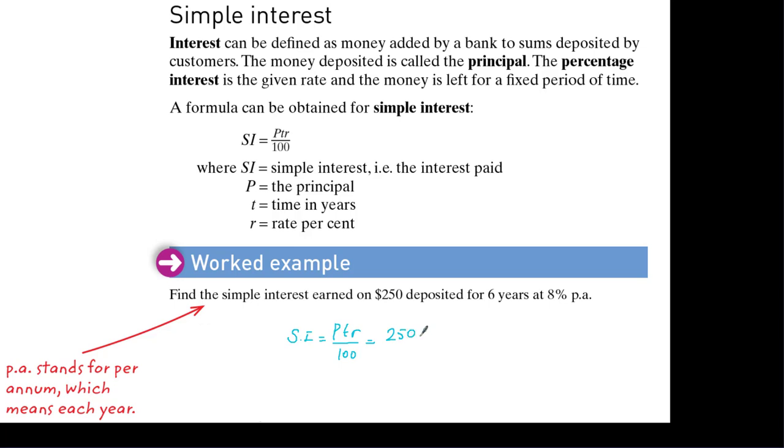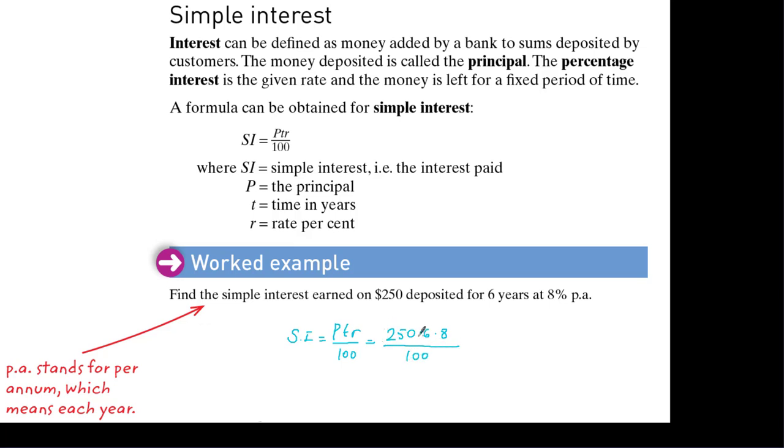Time is 6 years, so times 6, and the rate is 8 percent, divided by 100.